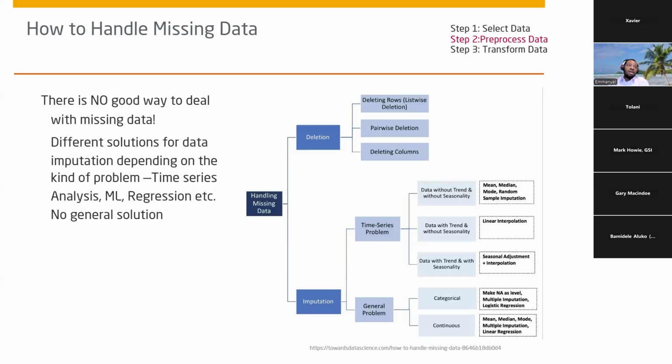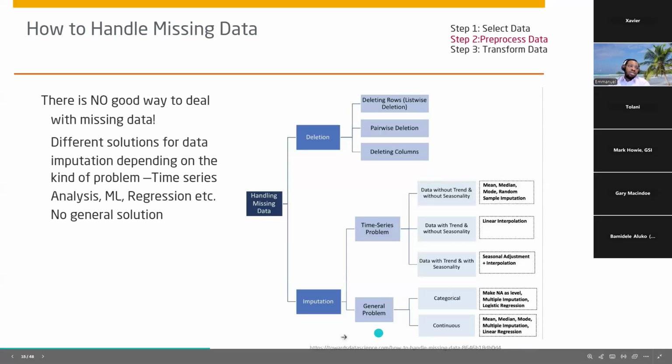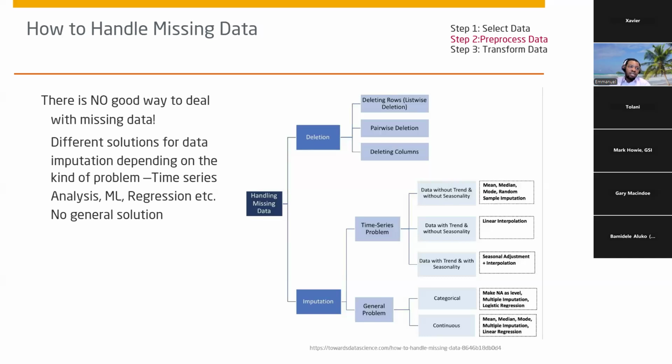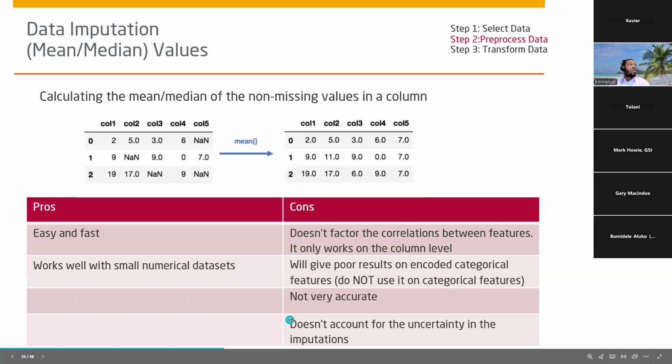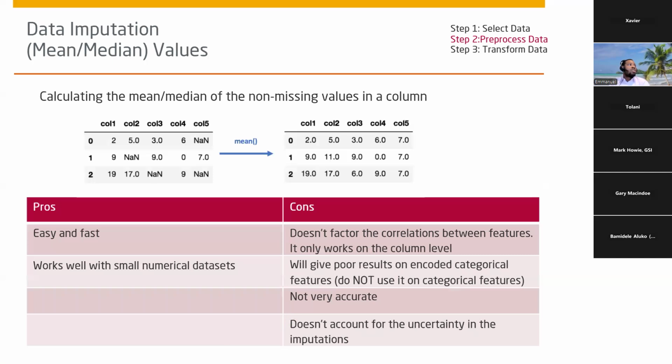I think that is helpful. But on a general note, I know more people tend to make use of median when it comes to a continuous data set, for example. And then data imputation, mean, median, and that's the way it is.